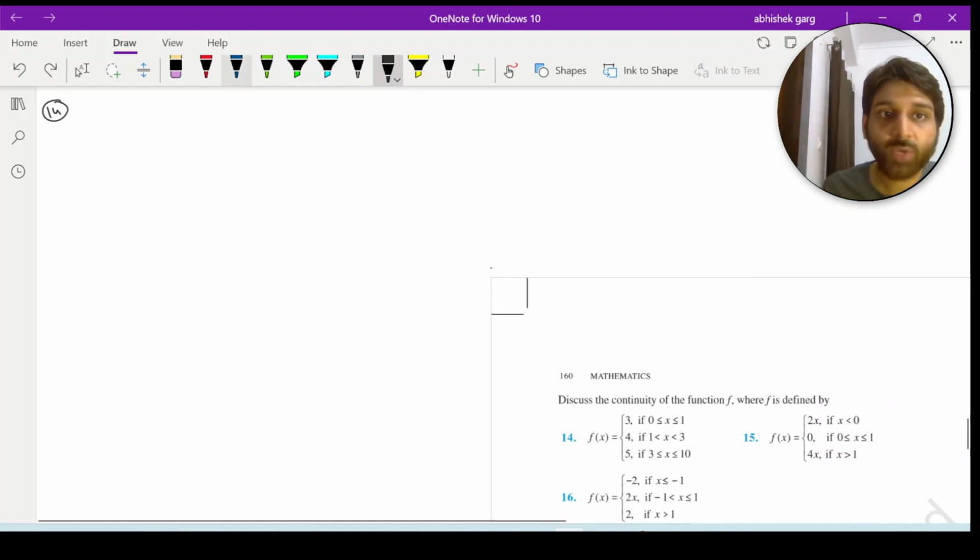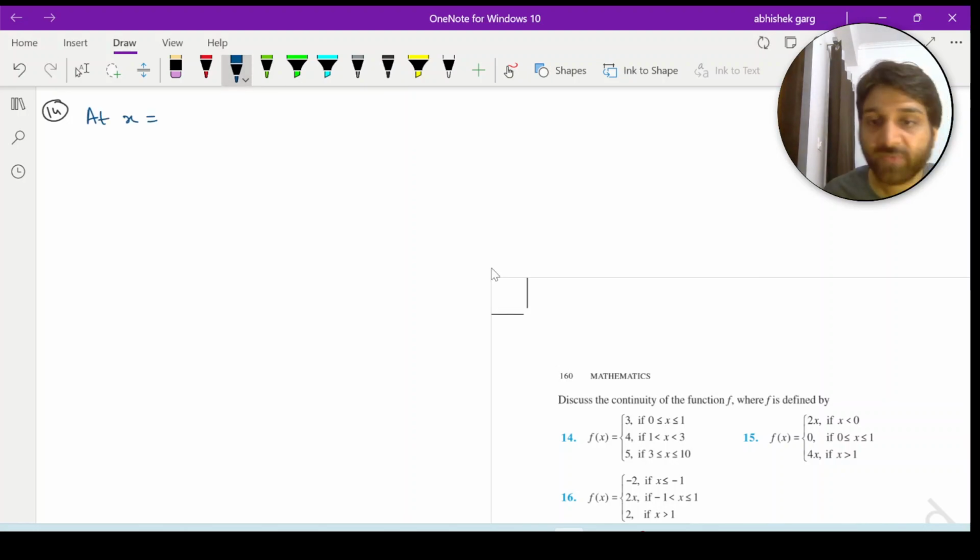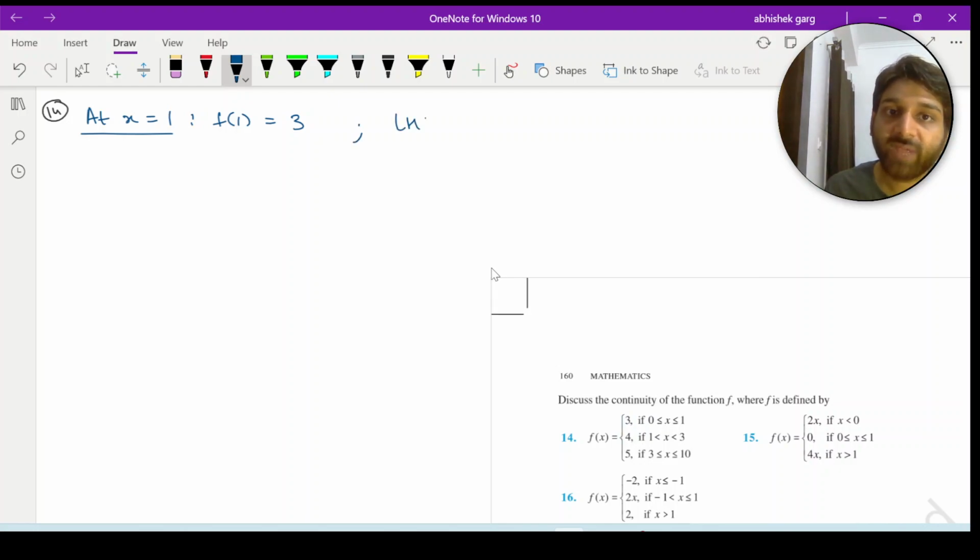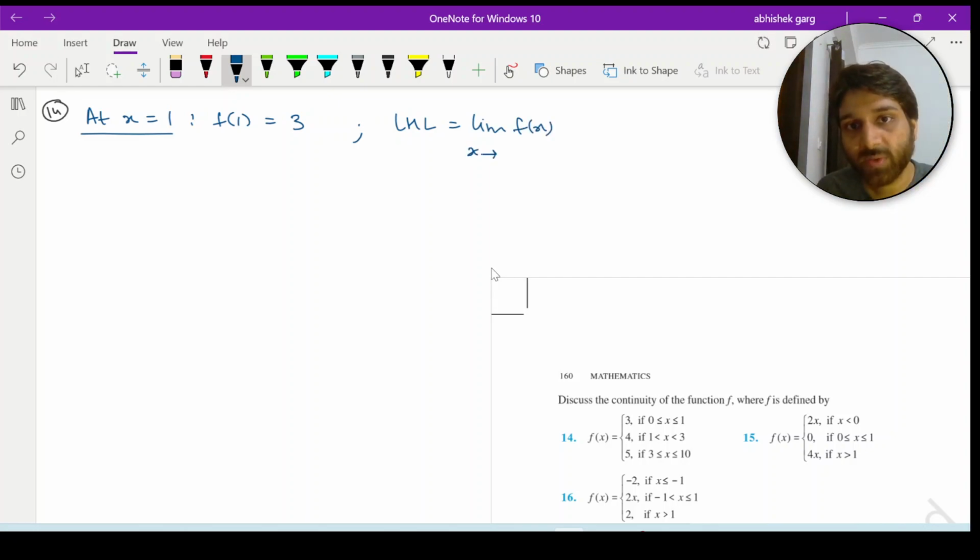So now we'll solve it. First of all, we'll check the value of the function at x equal to 1. So at x equal to 1, f(1), we'll use the x less than or equal to 1 case. So we can see the value of f(x) is equal to 3 here. Now we will write down the value of the left hand limit. The left hand limit is going to be limit f(x) as x tends to 1 minus.